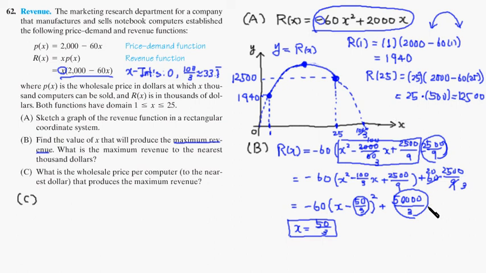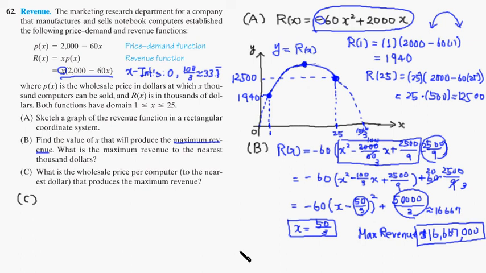So the maximum revenue would be 16,667. Remember that this is in thousands, so it's really $16,667,000.